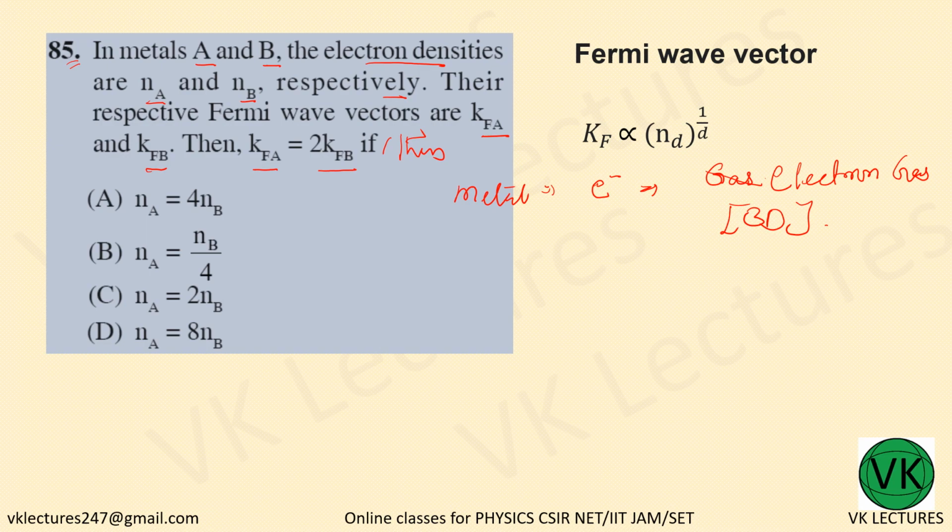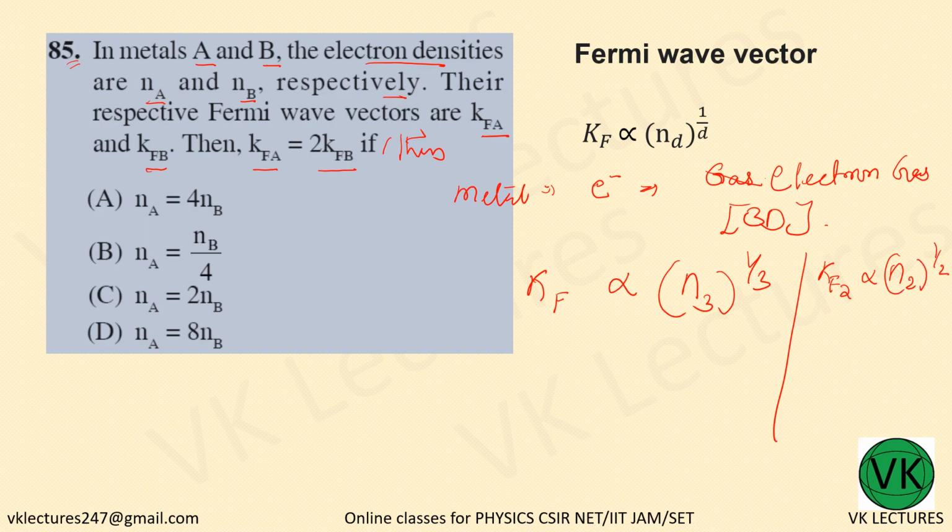For 3 dimensions, the Fermi wave vector is proportional to n to the power 1 by 3, where 3 represents the dimension. If it was 2D, kF is proportional to n to the power 1 by 2.